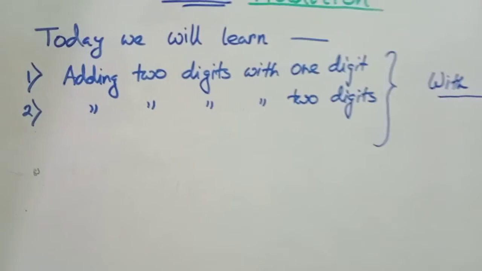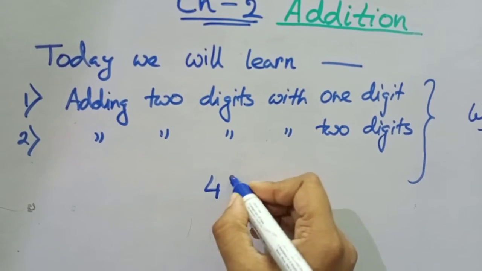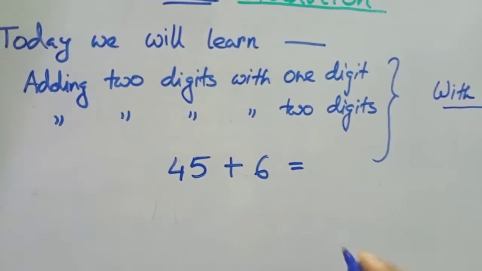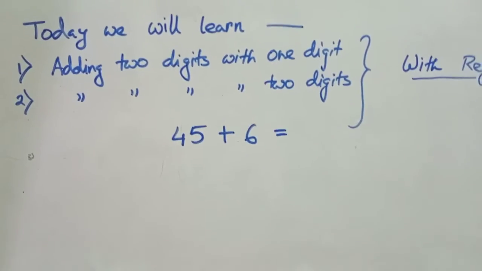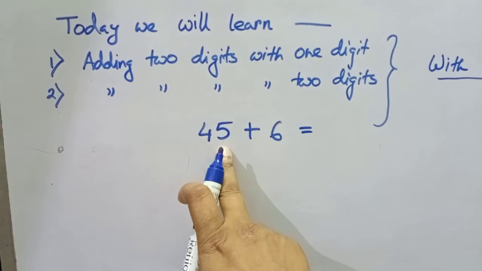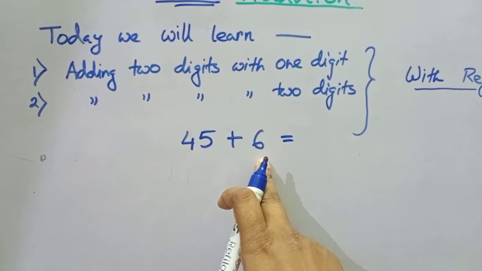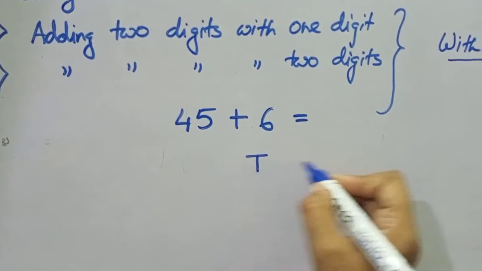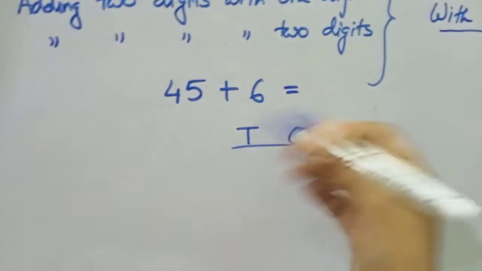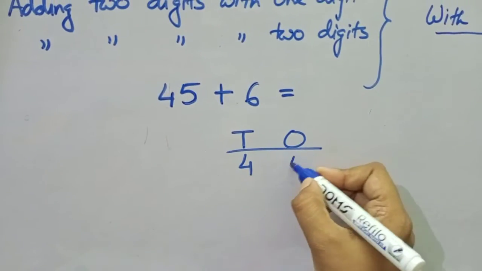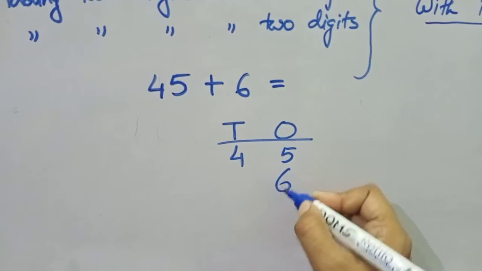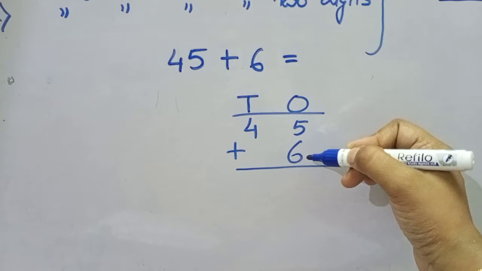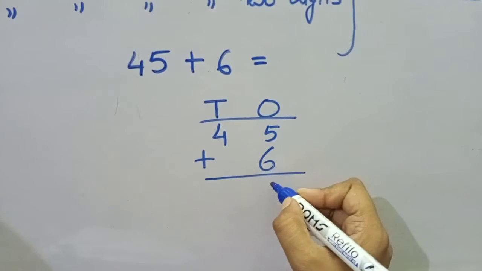So children, we take one example, 45 plus 6. I'll show you how to add these two numbers, the two digit number with the one digit number, and this is an addition with regrouping. Again we place the numbers just below the place value. So 45, and since this is one digit, this is 6. Let us add. Now 6 plus 5 becomes 11.